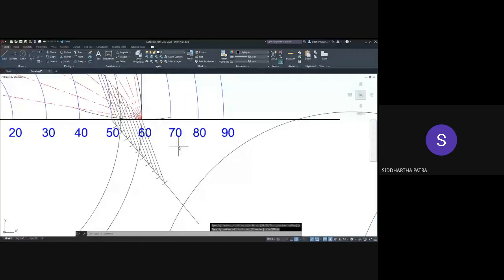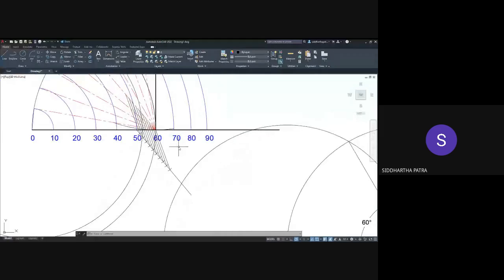Please remember that the gap between each angle keeps on changing. It's not that the gap between 0 and 10 and 80 and 90 are not the same. That change with respect to the gap between each degree is happening continuously.